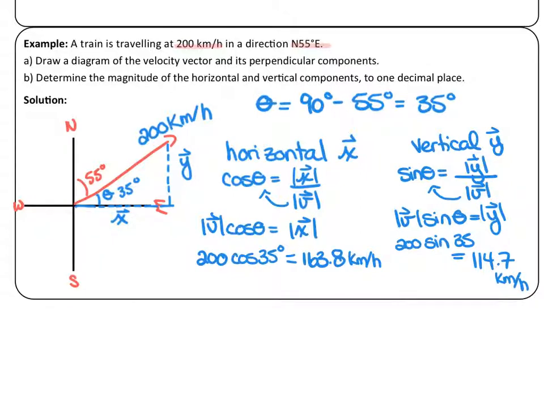If you want to then put directions on them, this one was going east and this one was going north. So do make sure you put the direction on there, specifying north or south for your vertical and east or west for your horizontal. But that is essentially what you're doing.